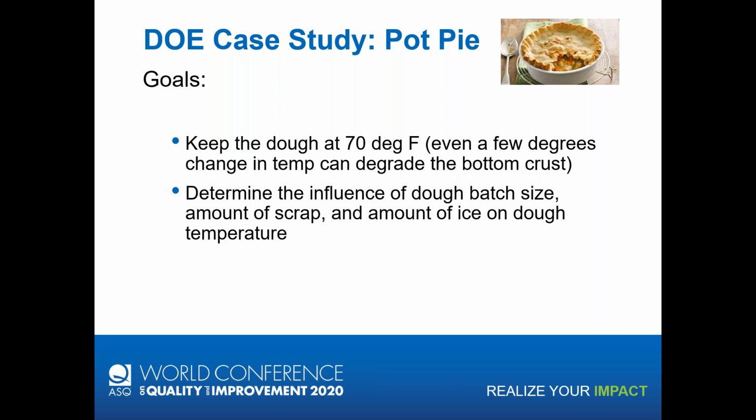All right, so we're going to do a little food case study. Food is always good. Everybody likes food. This is a favorite of mine in the winter time, especially good old pot pies.